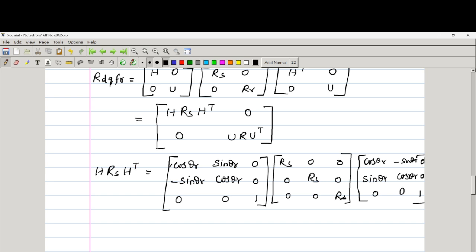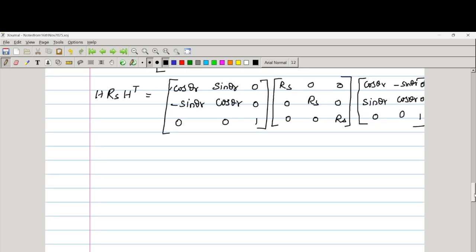When we multiply this further, we will get the final matrix. If you do the matrix multiplication, we can write the final matrix as RS 0 0, 0 RS 0, then 0 0 RS.